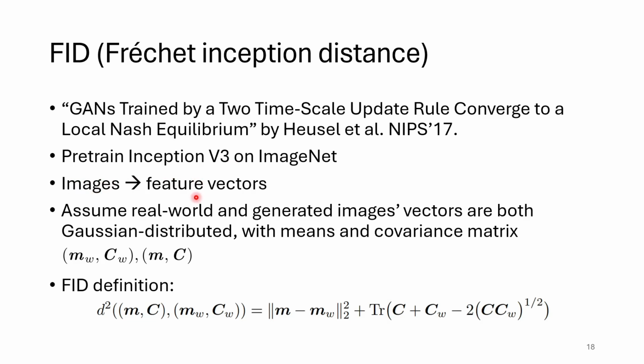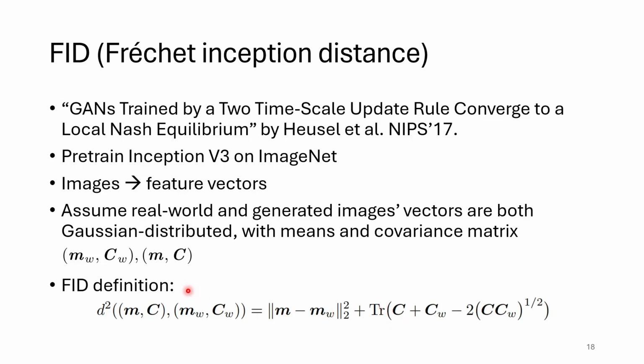So if you have 10,000 images, you can generate 10,000 feature vectors. In the vector space, you assume their distributions are Gaussian. So you can just measure the two Gaussian distributions by the distance of their means and their scattering status.